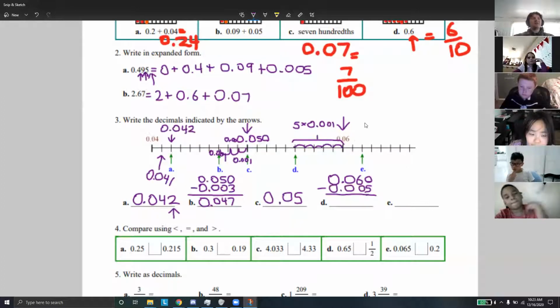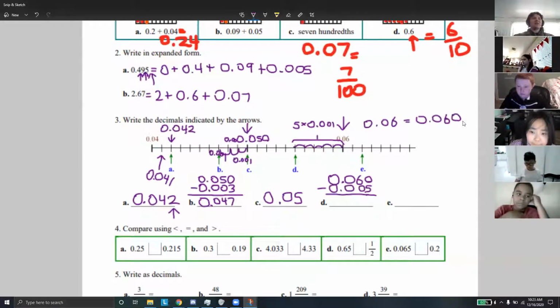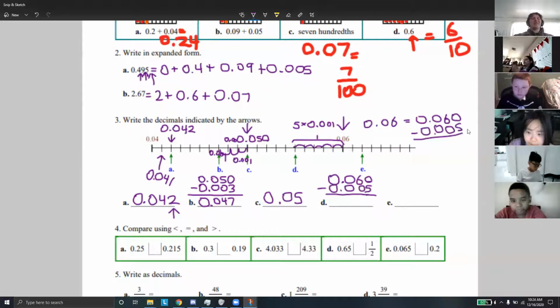But 600th, you just remember that 600th is equal to 60 thousandths. And so it should be easier to do 60 thousandths minus 5 thousandths in your head, right? 60 thousandths minus 5 thousandths is 55 thousandths, right? You could kind of do that in your head because they're in the same place, right?